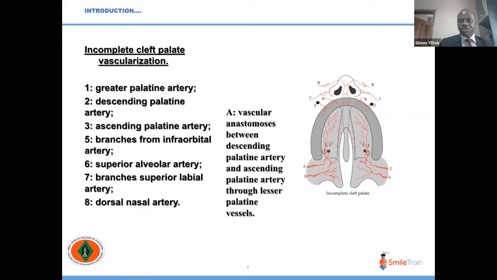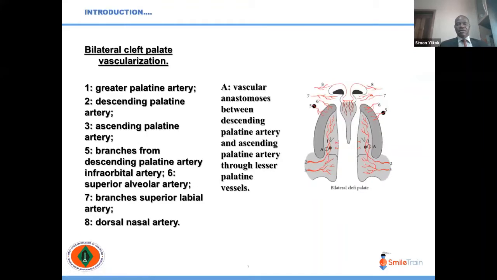In an incomplete bilateral cleft, on both sides the A is absent, as you can see here. In the bilateral cleft palate, the vascularization is so much affected that in the middle, blood supply is relying on the premaxilla here.